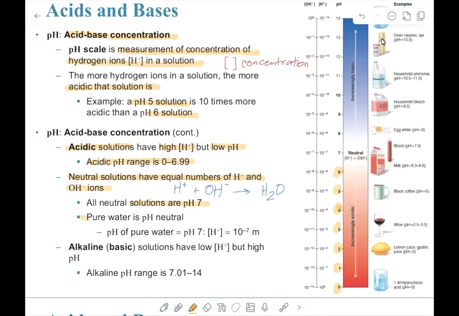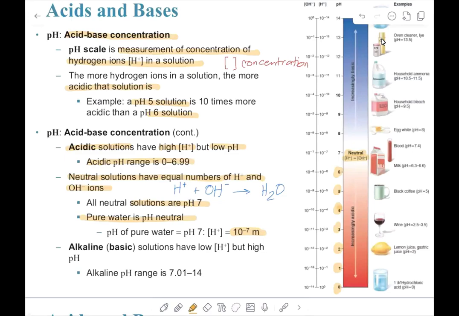So pure water is neutral. You don't have to know the superscripts here, but it would be 10 to the negative 7. So we move the decimal 10 to the left. So that means there's a very, very low amount of H, and the H is equal to the amount of hydroxide. So neutral H is equal to OH.